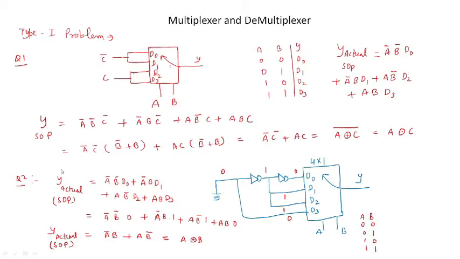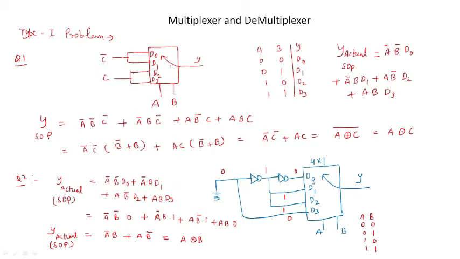Now we will write the actual output for the 4 by 1 multiplexer. Because there are 4 input lines, there will be 2 select lines, and there will be 4 rows for the 2 select lines. So we can write the actual output of the 4 by 1 multiplexer as A bar B bar D0 plus A bar B D1 plus A B bar D2 plus A B D3.